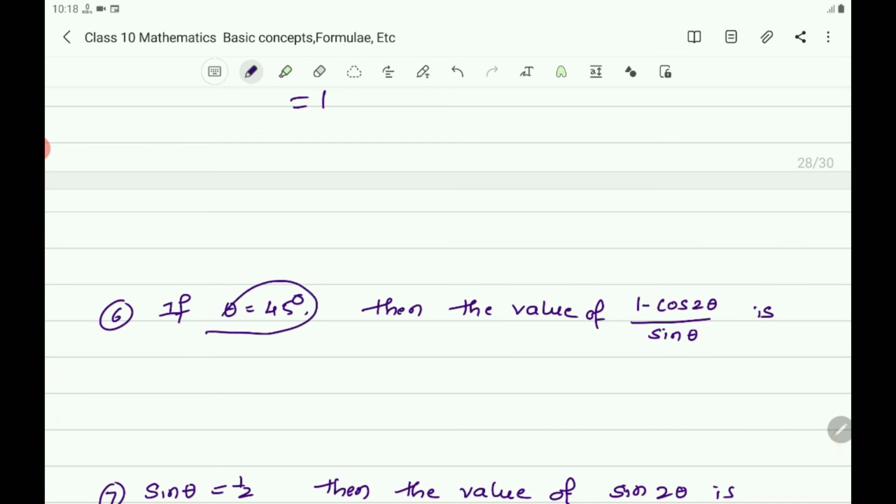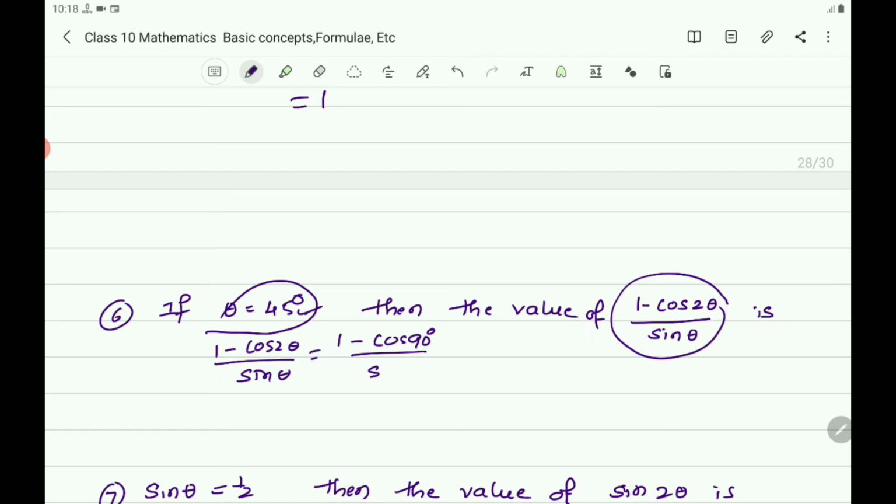If theta equals 45 degree, then the value of 1 minus cos 2 theta by sin theta. So if you take 1 minus cos 2 theta by sin theta, cos 2 theta means cos in the place of theta 45 degree, it becomes 2 into 45, 90 degree.